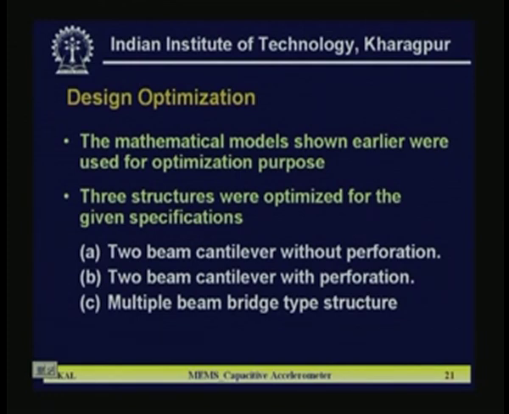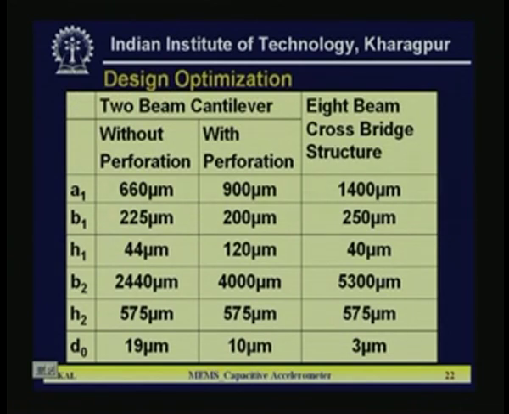Now, these are some optimized values for two beam cantilever without perforation and two beam cantilever with perforation. A1, B1, H1, B2, H2, D naught, these are the parameters, and for the 8 beam cross bridge structure, these are the A1, B1, H1, B2, H2, D naught.